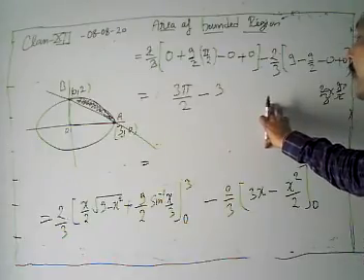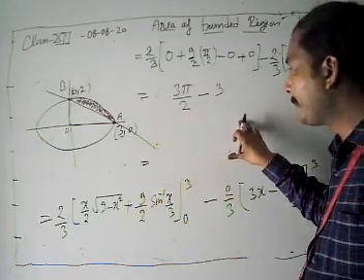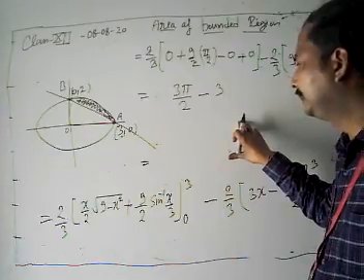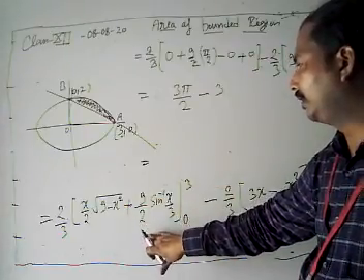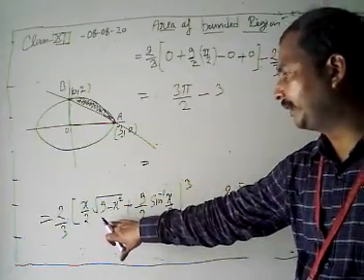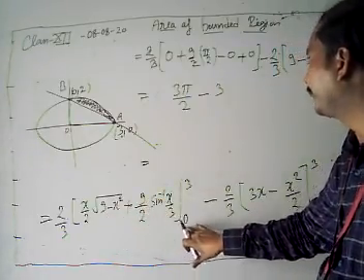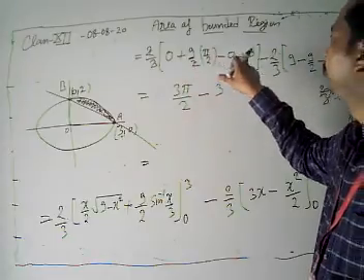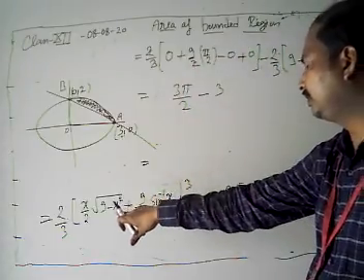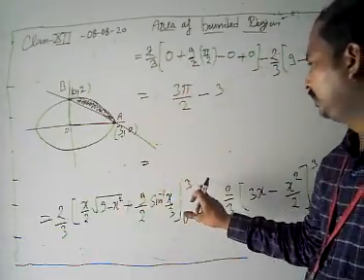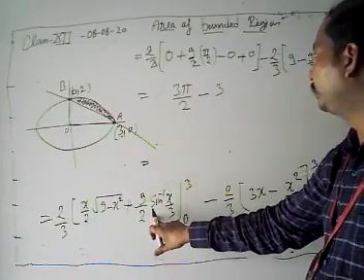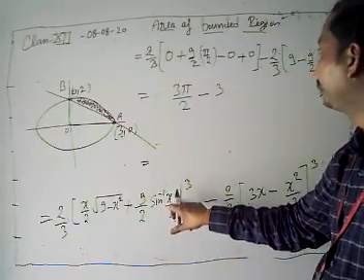Then we get our 3 pi by 2 minus 3. Under root a square minus x square by 2, under root a square minus x square, plus a square by 2 sin inverse x by a. Okay, put in the value there, 3, then 3 by 2 into 9 minus 9, 0, then plus 9 by 2 sin inverse 3 by 3, 1, pi by 2.